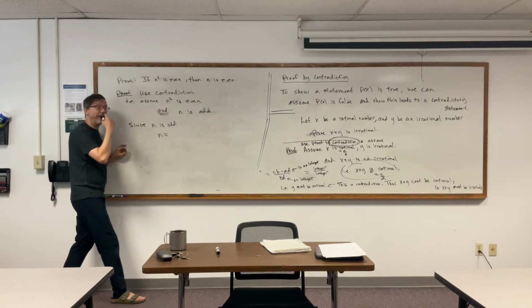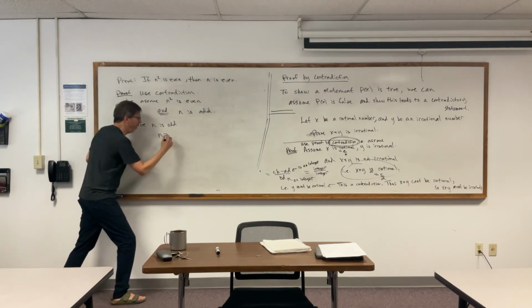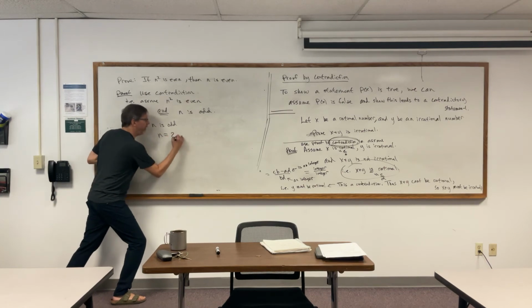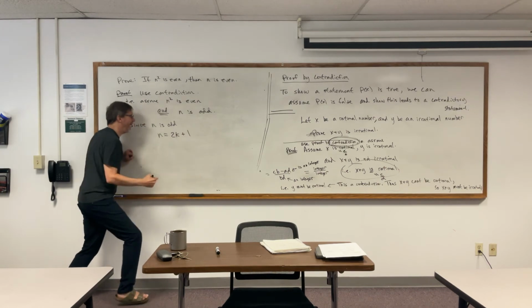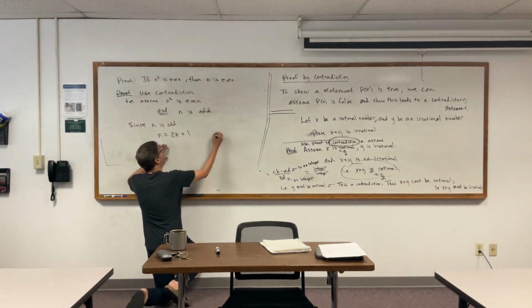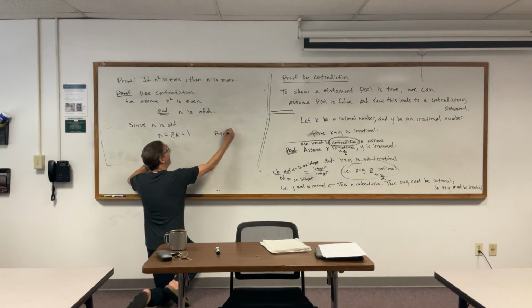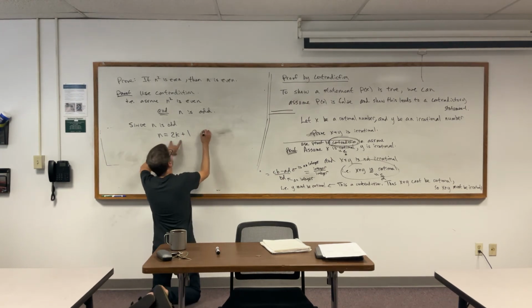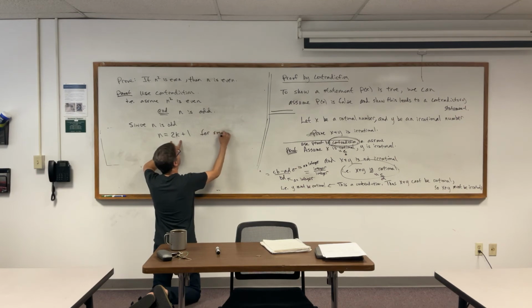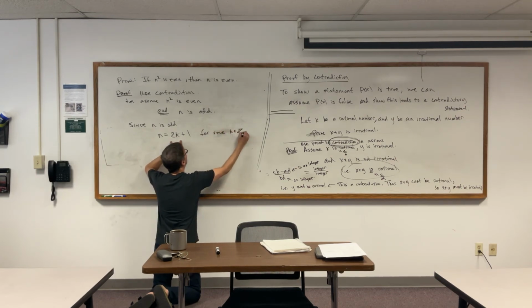It's like 2k plus 1. Beautiful, so good. So n is equal to 2k plus 1 for some integer k.